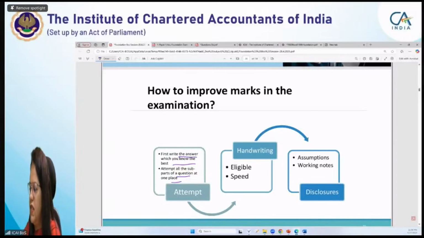Okay. See, Prateek Jha is asking one query. Someone told me that if we attempt all the questions, then the last question won't be checked, even if it is fully correct. See, if you have been given a choice, then why do you want to do all the questions, Prateek? Question number one is compulsory. Then out of those 5 questions, you have to do 4 questions.